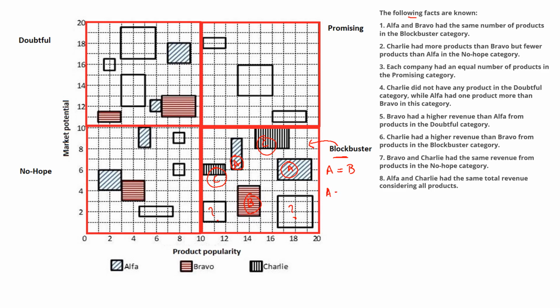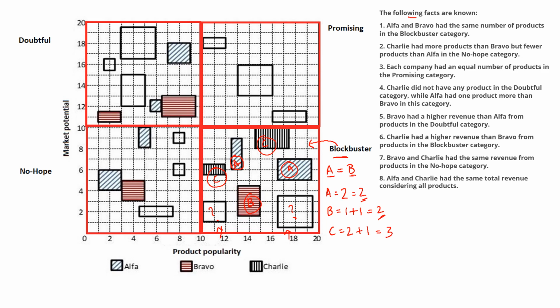So we have the number of boxes of A is 2, B is 1 and C is 2. But since there are a total of 7 boxes, and we need to maintain the condition that the number of boxes of A should be equal to the number of boxes of B, that is only possible when, from these two empty boxes, one box is of B and one box is of C. Then we would have the number of boxes for A and B equal, that is 2 and 2.